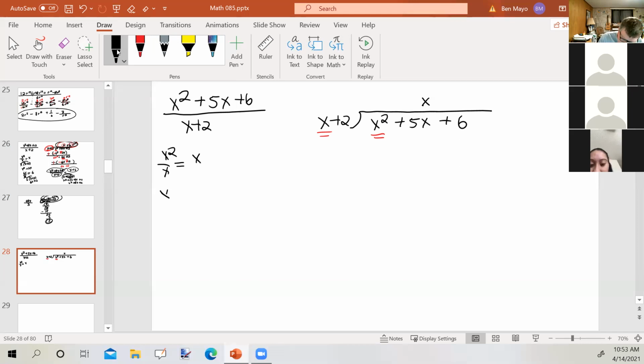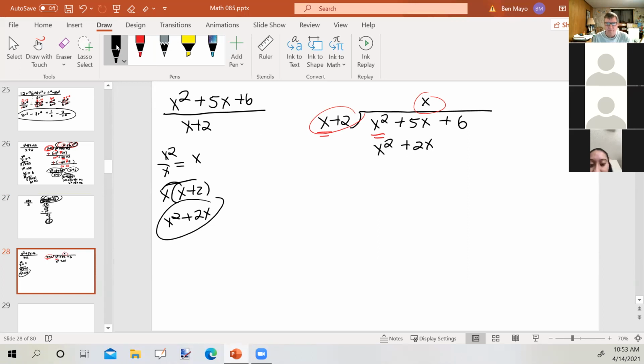Then I'm going to take that x times the divisor, the x plus 2. So I'm taking this times that. Distributing, I get x squared plus 2x. Okay. I'm going to take that quantity and write it up here, x squared plus 2x.